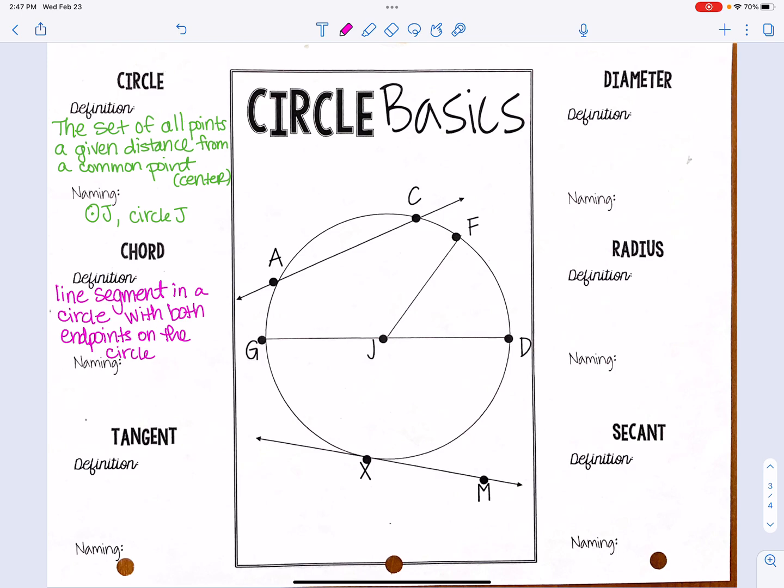So in this case, a chord would be like AC, but only the line segment part. Okay, only the line segment part is the chord. Anything outside of the circle, we're going to call something else. So like AC with a line segment over it. You could also say DG with a line segment over it. Your diameter is also a chord. Okay, it's just the longest chord.